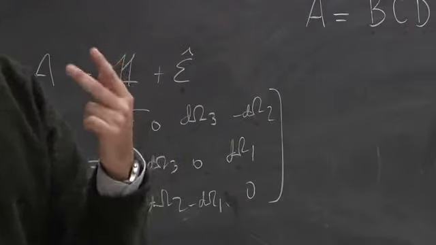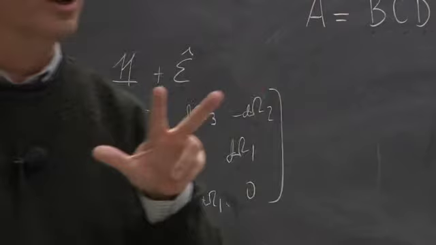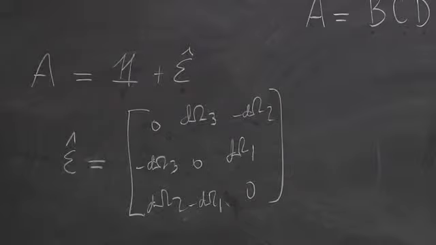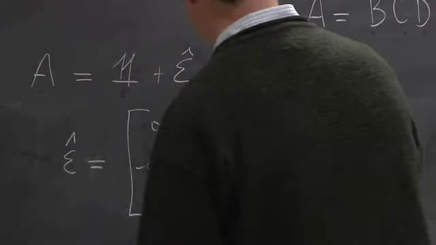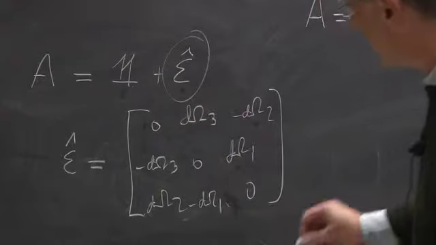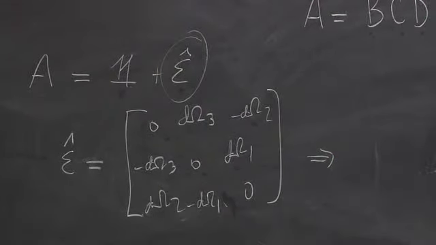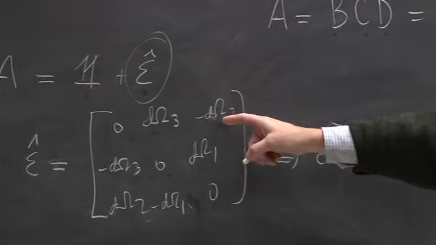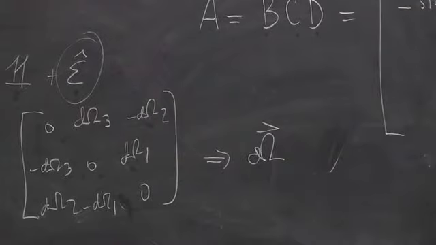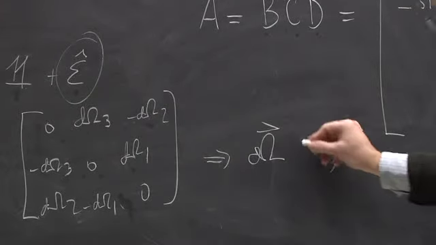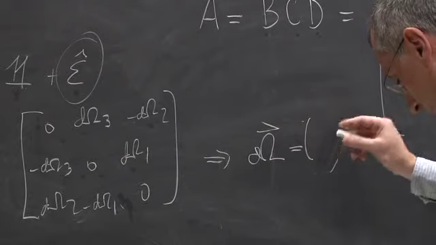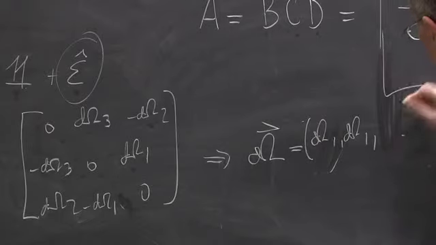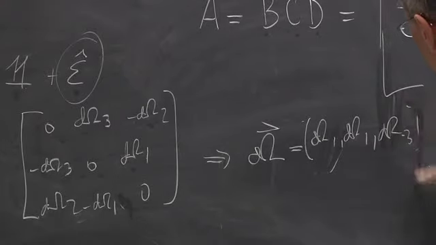But if this object is characterized by only 3 numbers, that means I can think of this matrix as a vector in 3 dimensions, right? So that means that this rotation, an infinitesimal rotation, can be characterized by a vector that I call the omega vector, that has as components the infinitesimal angles, which are some function of my Euler angles: d omega 1, d omega 2, d omega 3.